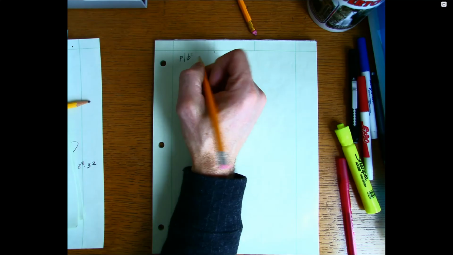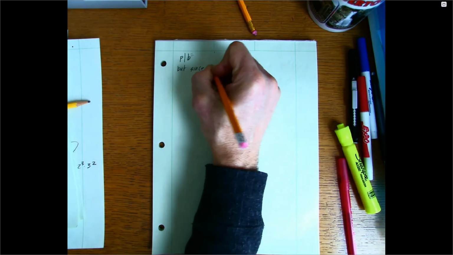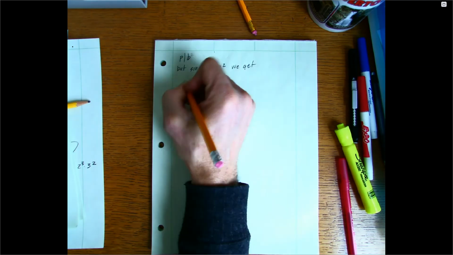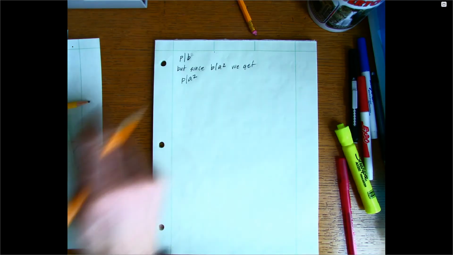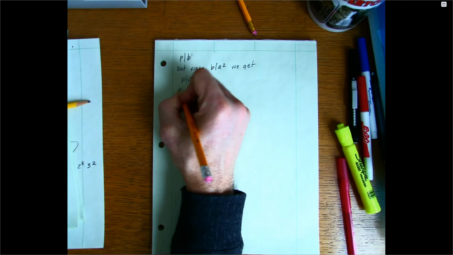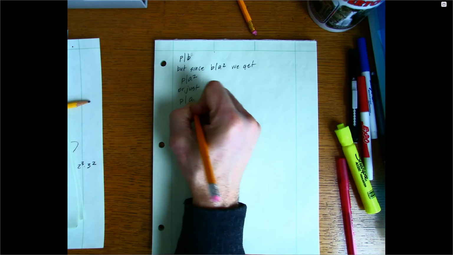So p divides b, but since b divides a squared, we get that p must divide a squared as well, right? Which can also be put this way: p must divide a times a.